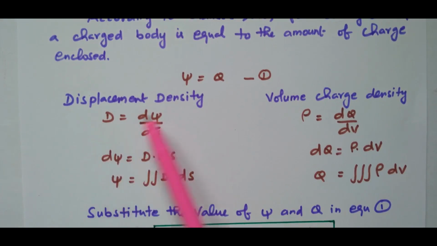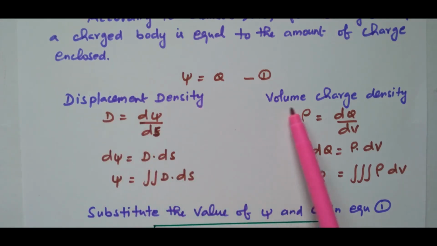Displacement density is given as D equals d psi by dS. Cross multiplying, d psi equals D dot dS. By integrating on both sides, psi equals double integral D dot dS. Now we have the expression for psi from the displacement density.